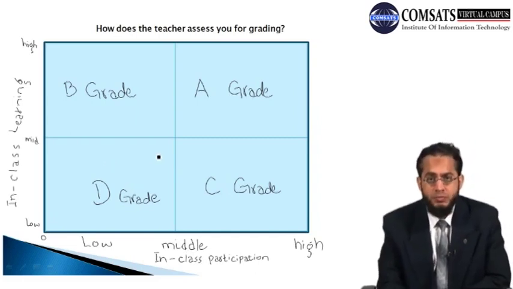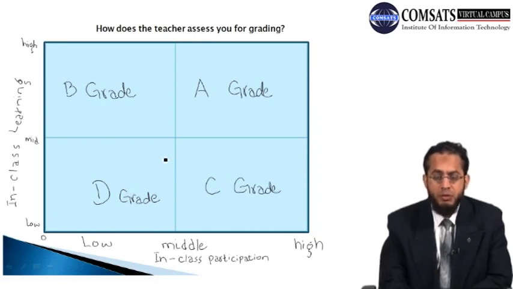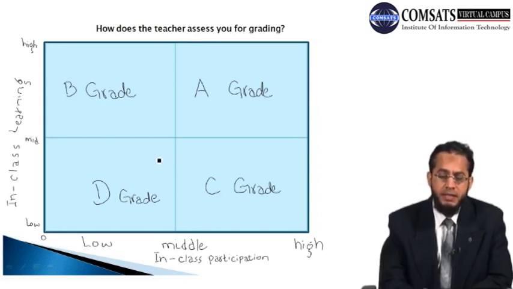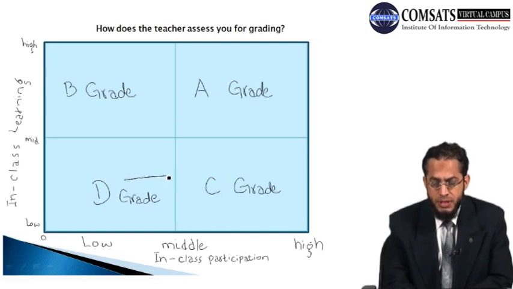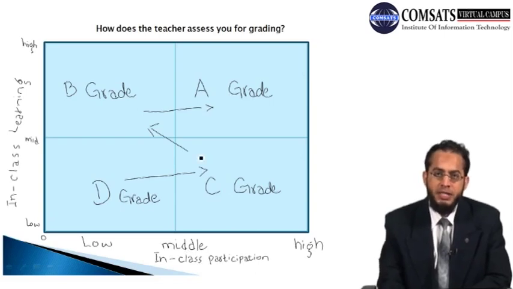So what does it mean to you? And how is it more important for you? If you look at the spread of these grades, it goes like this: from D to C, and from C to B, and from B to A. You can assess yourself also on your own.